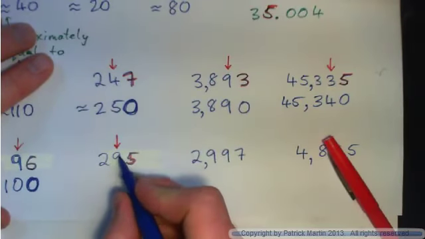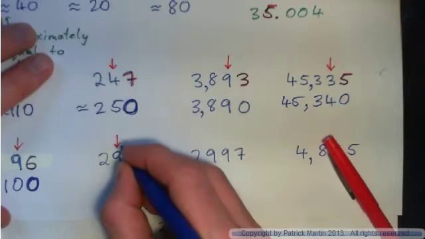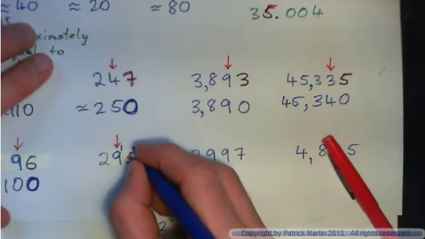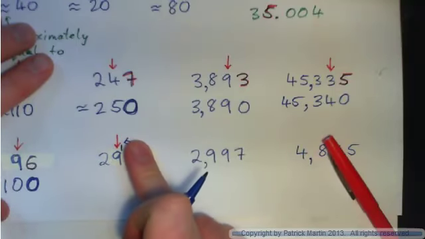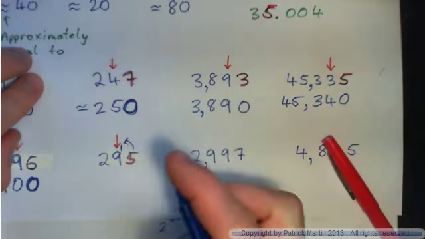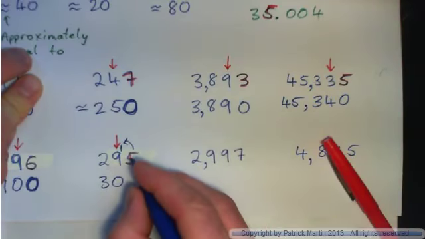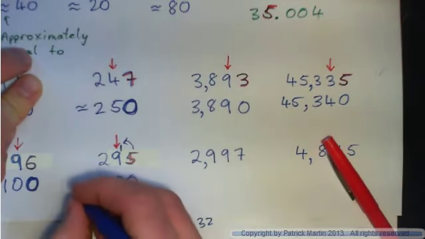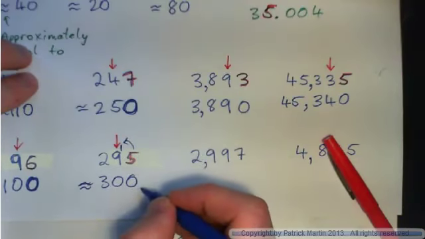So this becomes 1 more. Now if I round up and add 1 onto here, what's 1 plus 29? Well, it's 30. So this whole thing becomes 30. And of course this is rounded up, so we have a 0 here. So 295 is approximately equal to 300.